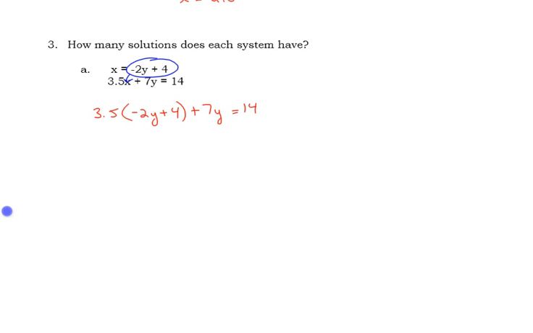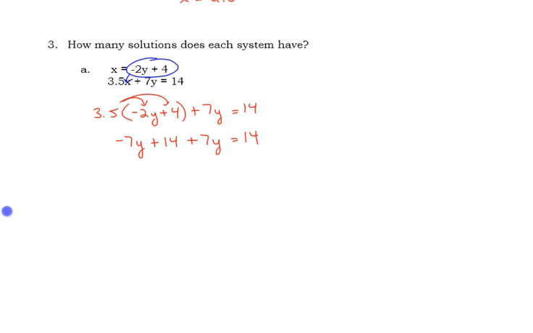Now we're going to distribute our 3.5. 3.5 times negative 2 is negative 7y, and 3.5 times 4 is 14, plus 7y equals 14.